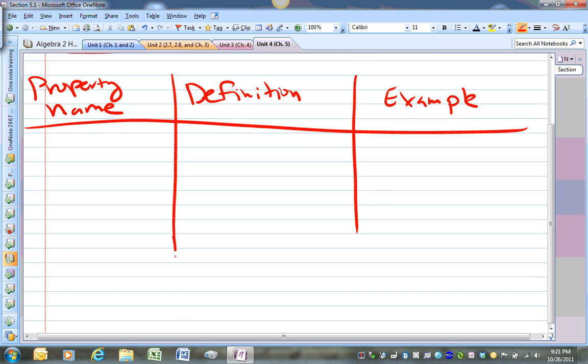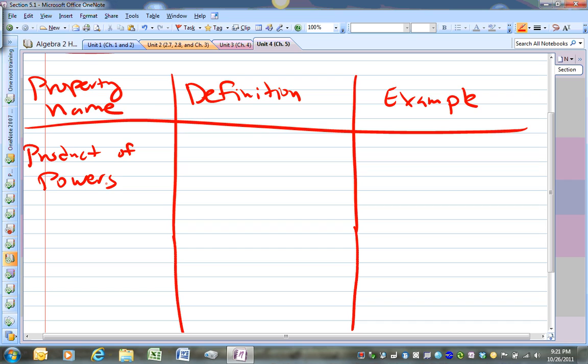So for property name, the first one we'll talk about will be product of powers, which will look something like this. So that's just going to be x to the m plus n.